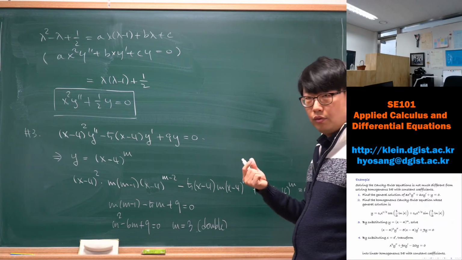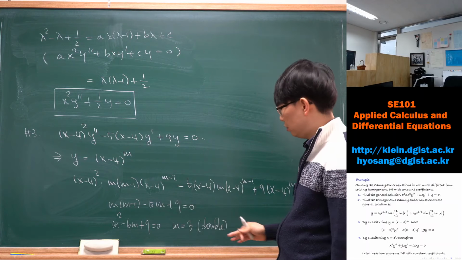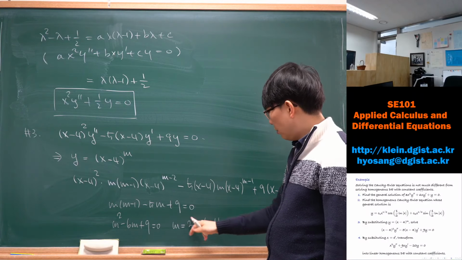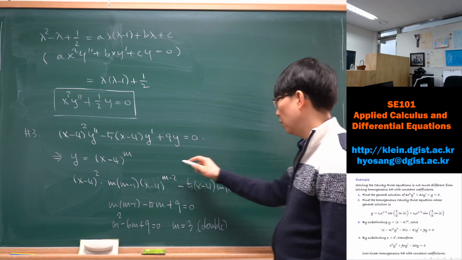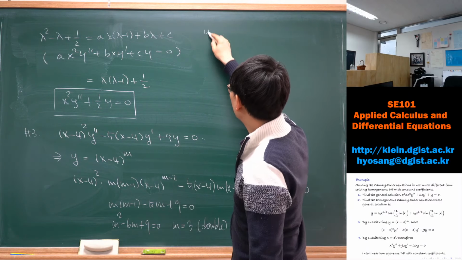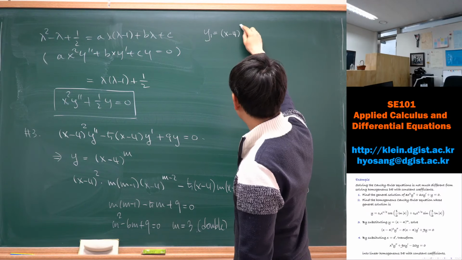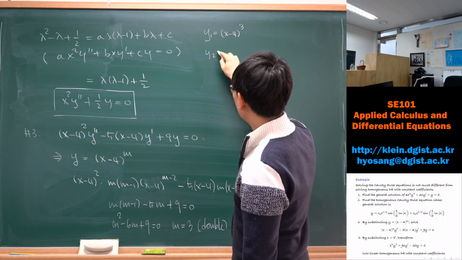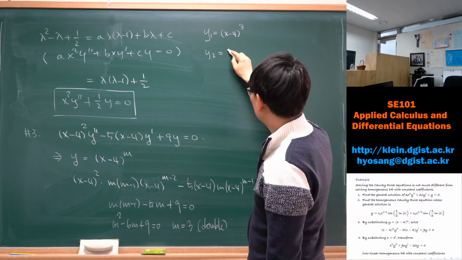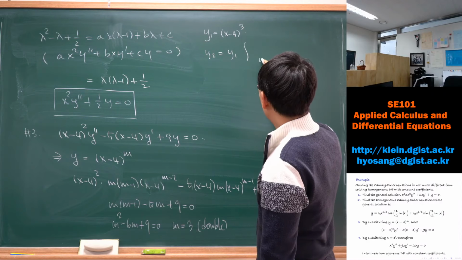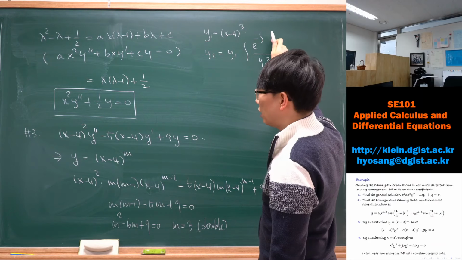I need two fundamental solutions to find the general solution. But we only have one. So how do I get the rest of the solution? So one solution is x minus 4 to the power of 3. And the second solution is now computed by reduction of order, y1 squared times e to the minus integral of p. Now, it's important to know what p is.